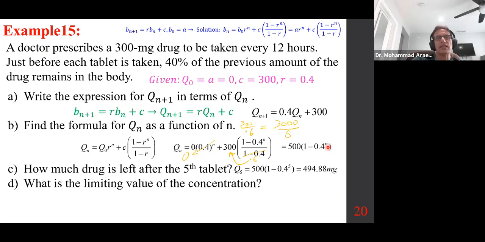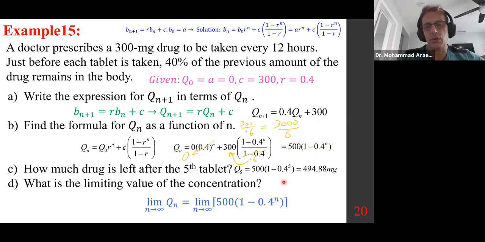The last part is asking us to take the limit of part B. So we want to take the limit of this expression as n goes to infinity. 0.4 to the power of n goes to 0. I hope you remember that, because anytime the base is between -1 and 1, and n goes to infinity, the expression goes to 0.